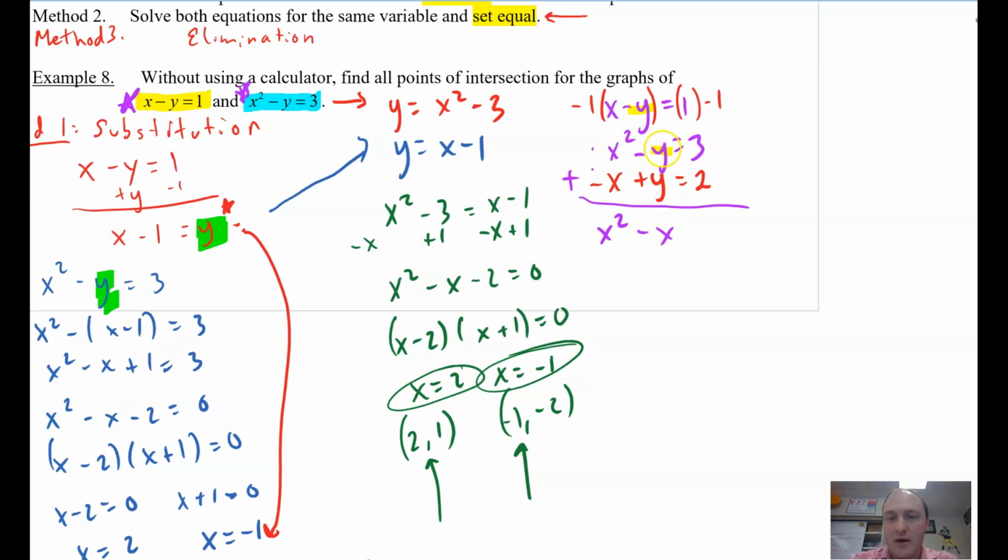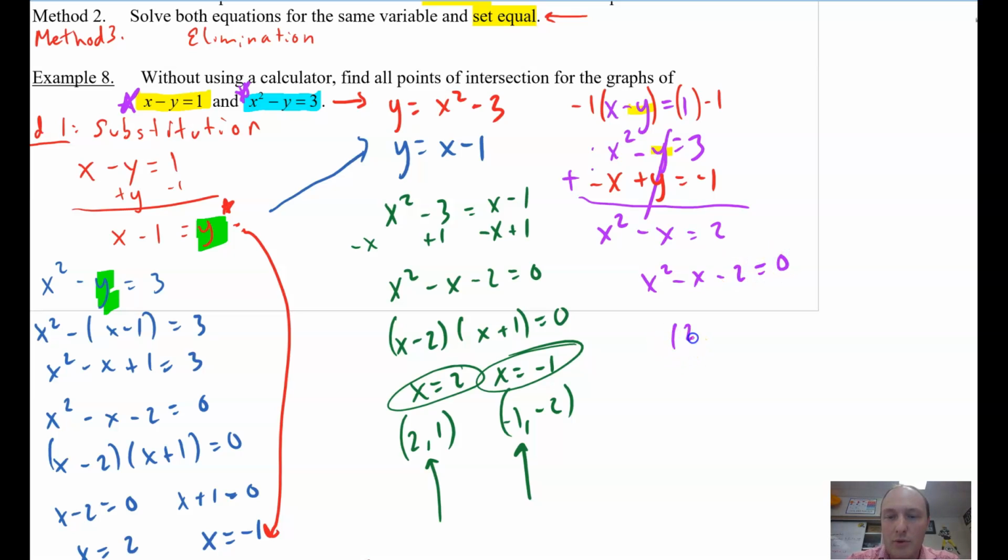Notice I have negative y and positive y, so those cancel. Did I do something wrong here? It shouldn't be 5, negative 1. Oh, I see, I was already doing this subtraction in my head. This value is negative 1. So when I add those, I get 2, and we get x squared minus x minus 2 is equal to 0.